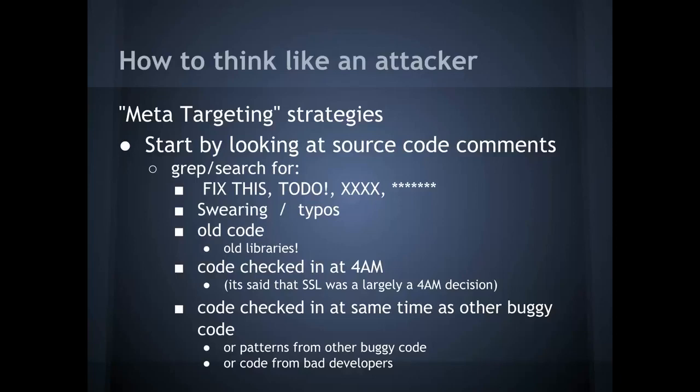Another good thing to search for are curse words, actually, or perhaps typos of common functions. And usually you'll find cursing in comments if a developer is really angry at something, has been spending a lot of time trying to get something to work or get something to compile, maybe something really complex, and they finally got it to work, and they just commented "F this," or "we'll get back to this later," or sometimes it causes a crash.